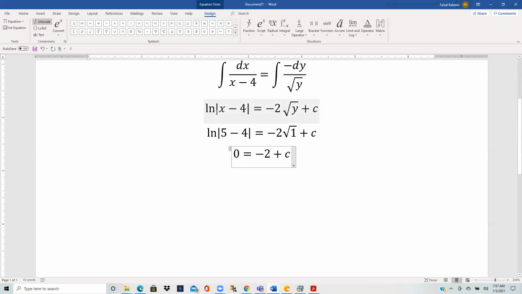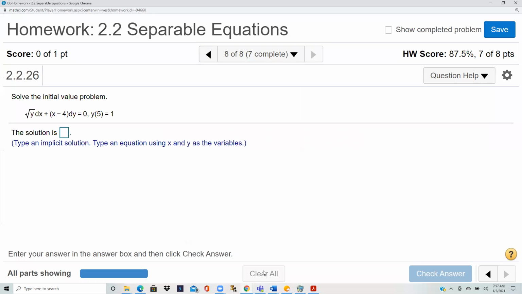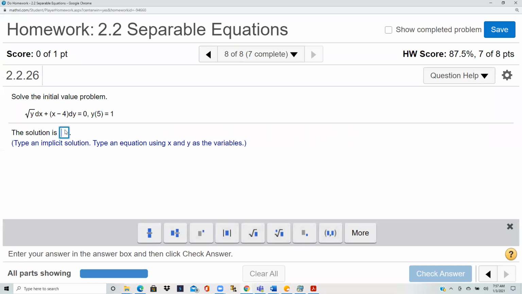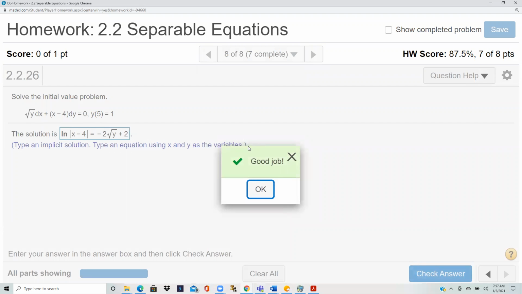So our solution will be ln |x minus 4| equals negative 2 square root of y plus 2. And that finishes the section.